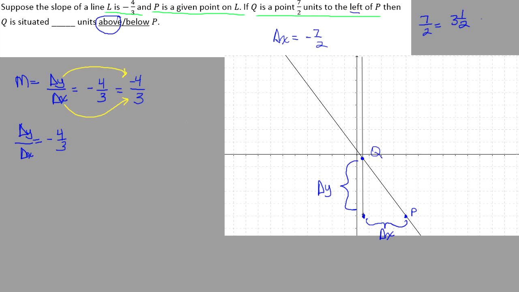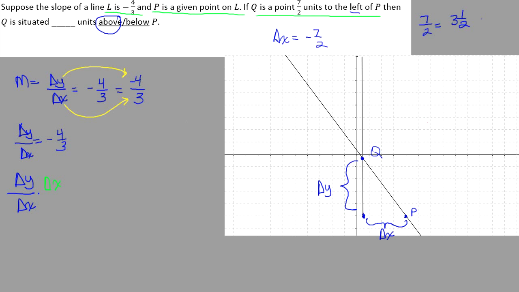All right, so what we're looking to solve for in this blank up here is so many units above or below P. Well, above or below, again, is the y direction. So what variable corresponds to the y direction? It's delta y. So we have to solve this little equation for delta y. So I'm going to rewrite this left-hand side, delta y over delta x. And to solve for delta y, I have to multiply the left-hand side by delta x.